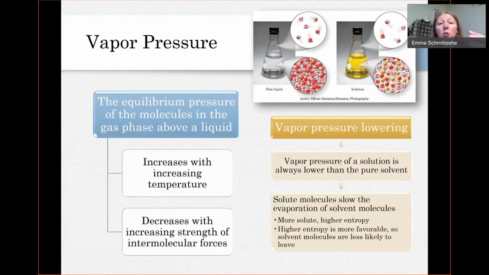The concentration of your solute increases, and the vapor pressure of the solvent goes down. We're not going to look at any calculations involved with the vapor pressure. There is an equation for it, and that one can be complicated, but you just need to know the basic relationship that vapor pressure decreases with increased solute concentration.